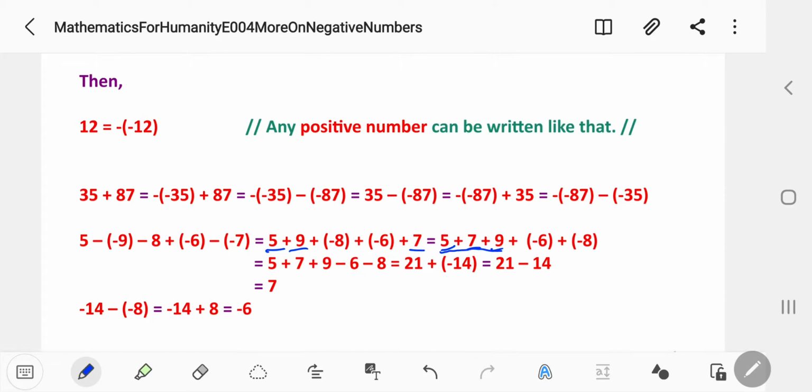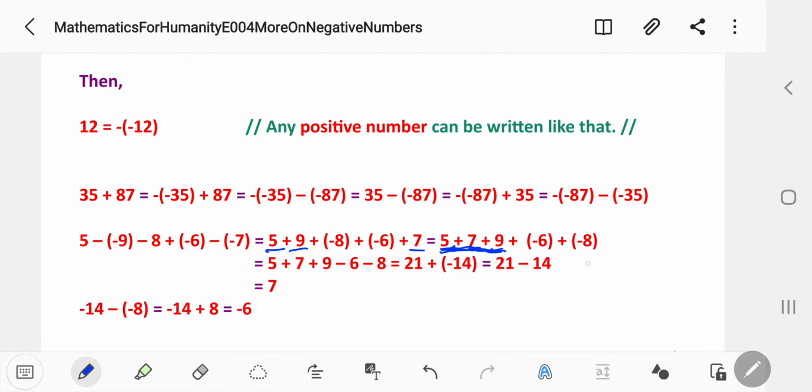I am arranging the numbers in ascending order, in terms of magnitude.